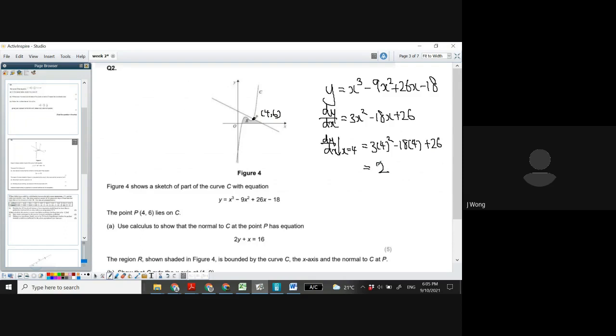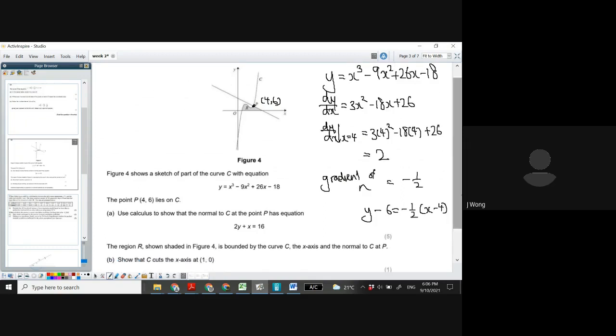Okay. Now, in order to find the gradient of the normal, that is where I need to apply negative reciprocal. So the gradient of the normal is going to be minus a half. And then you could just use y minus y1 equals the gradient multiplied by bracket x subtract x1, which is 4. Then just rearrange this equation.